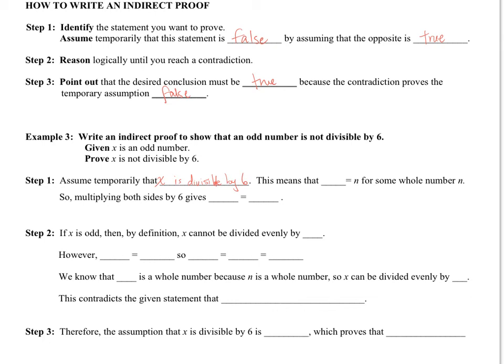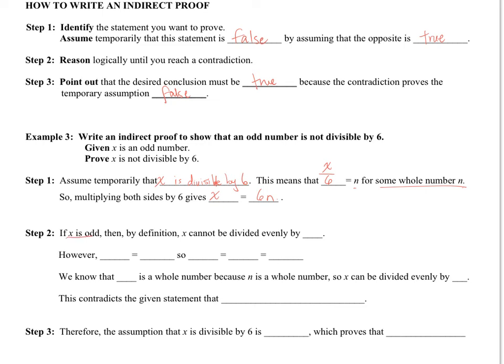This means that x divided by 6 equals n for some whole number n. So multiplying both sides by 6 gives x equal to 6n.